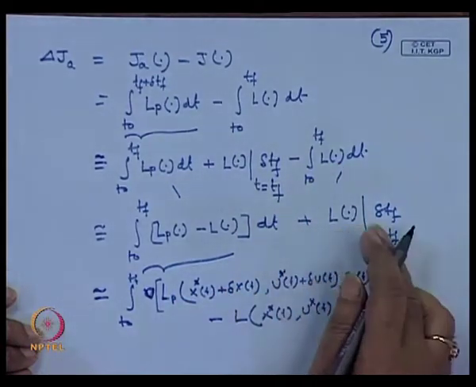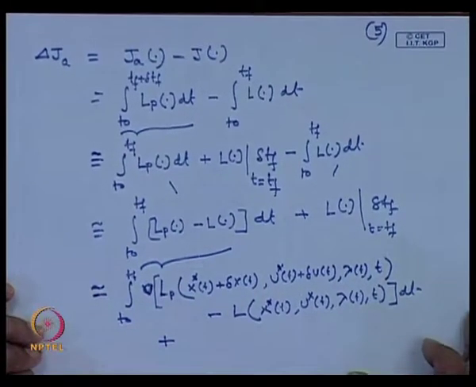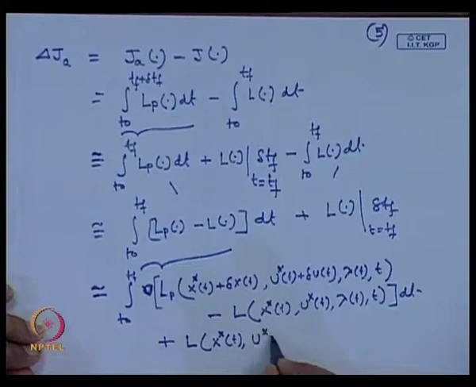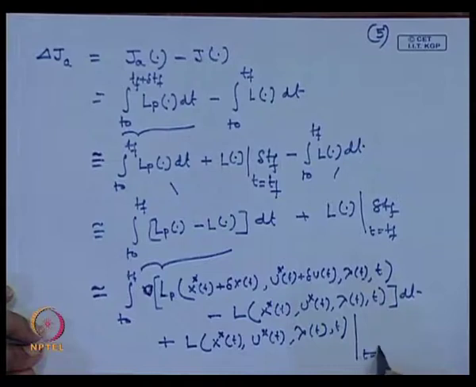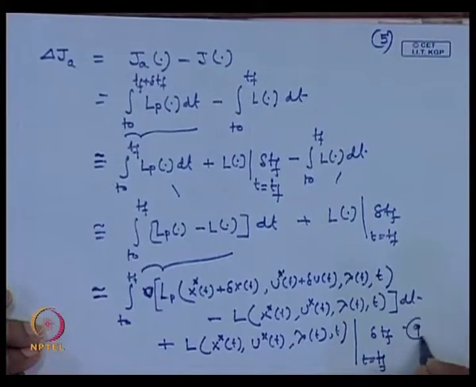The remaining term is plus L of x star of t, u star of t, lambda of t, bracket closed, evaluated at t equal to T f, multiplied by delta T f. We have given equation numbers up to 8, so this is equation number 9.